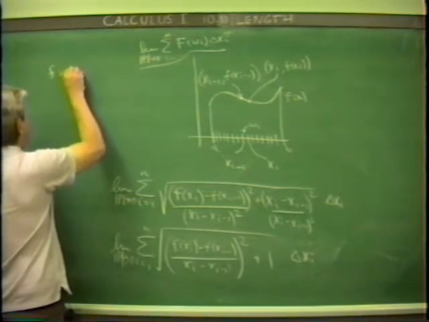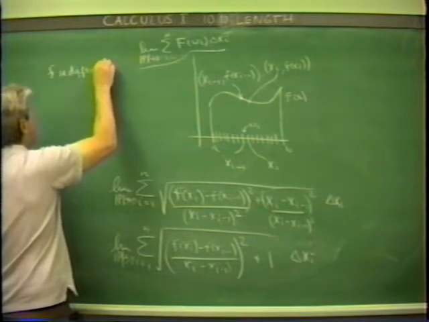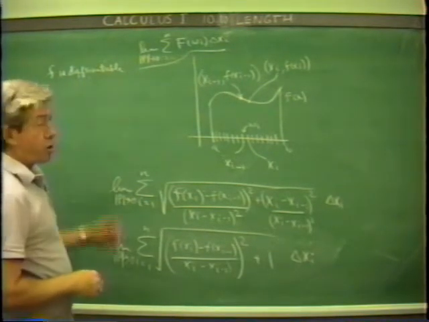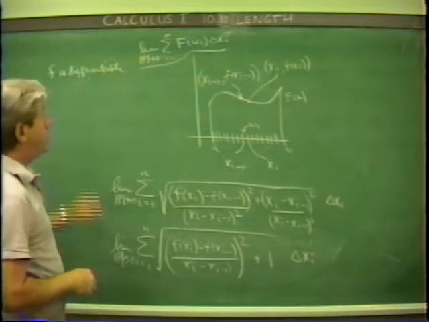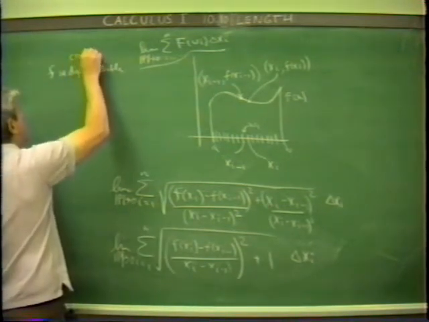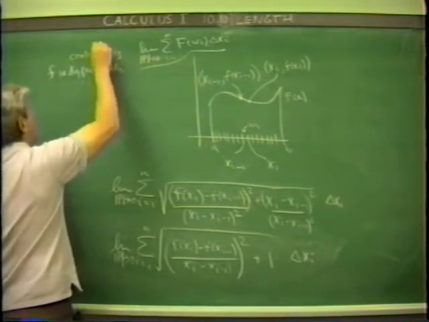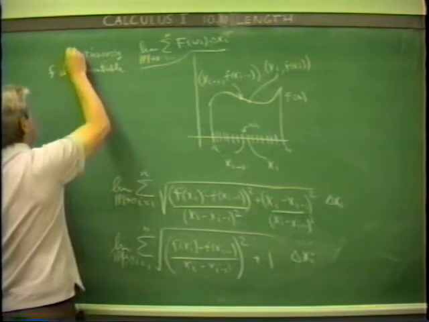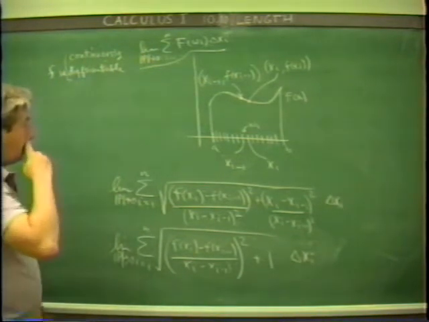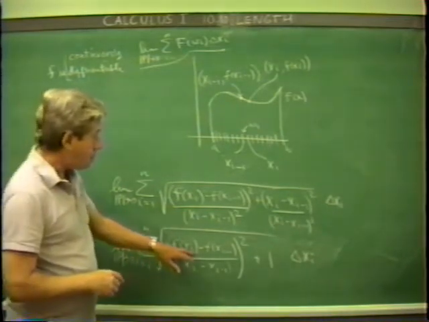Now we're going to choose our point w_i. By the mean value theorem, we're going to suppose that f is differentiable, and moreover, we're going to also assume eventually that the derivative is a continuous function. So such a function is called continuously differentiable. We're going to assume that f is continuously differentiable.